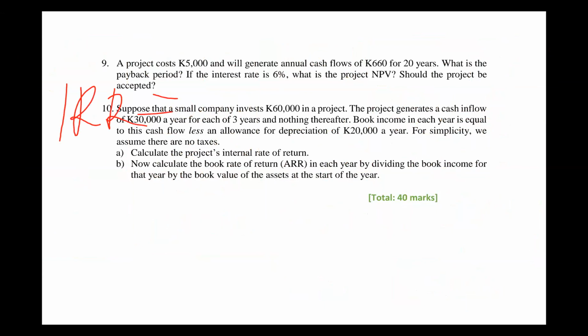Sorry, but I think in the negative NPV there was a mistake on the last one, where you multiply the 30,000 times 0.5112.